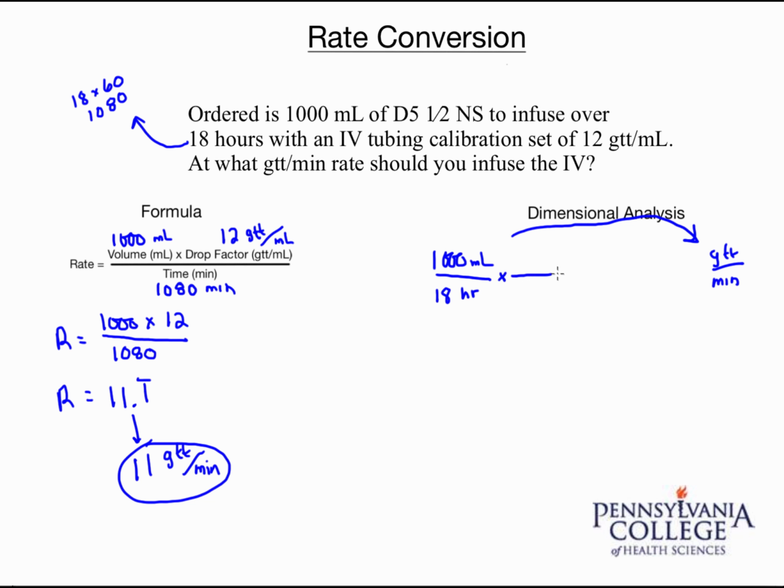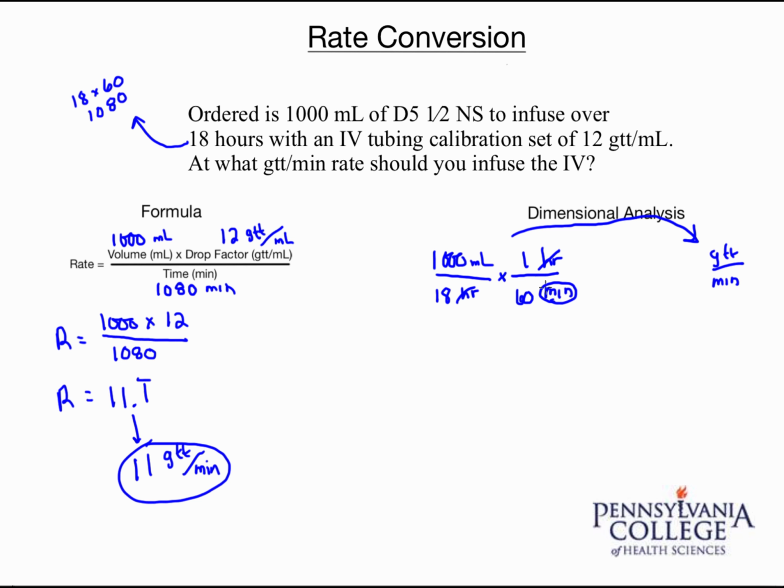The easiest step is to cancel out hours using a conversion factor from hours into minutes. I know the ratio of hours into minutes. So by writing a unit of hours in the numerator, converting that to a unit of minutes in the denominator, with just this one conversion factor I would have found the number of milliliters per minute if I were to stop here.